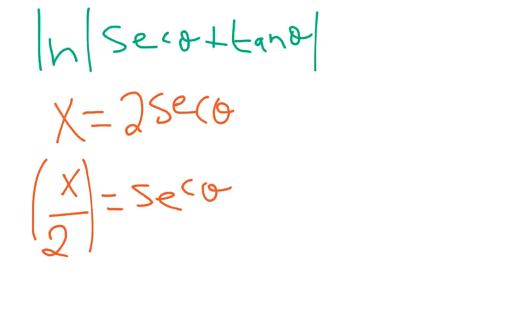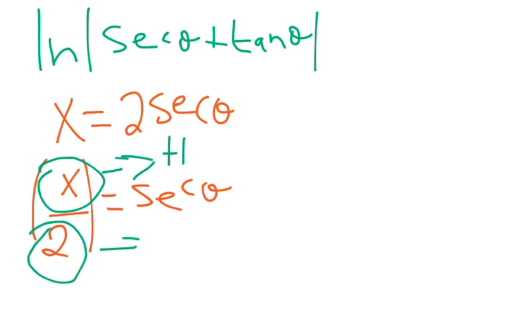Okay, x over 2. And you get to know trigonometry to an extent. Okay, so we know that secant of theta is the hypotenuse. This is our hypotenuse. We'll express it as h. And this is our adjacent. Okay, so I will put it as adjacent. So in order to get to our tangent, we know that tangent is our opposite over adjacent.